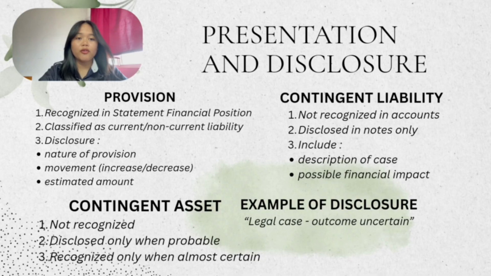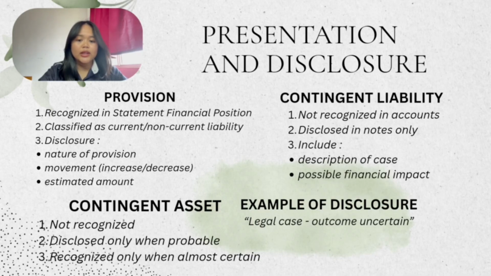First, for provisions. Provisions are recorded in the statement of financial position as a liability because they represent a present obligation. They are classified as either current or non-current liabilities, depending on when the payment is expected to be made. In terms of disclosure, companies must provide additional information in the notes to the financial statements.